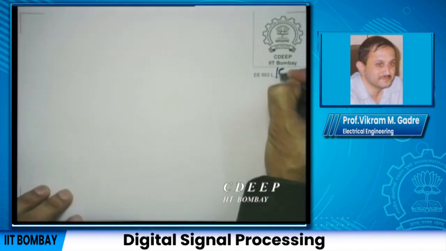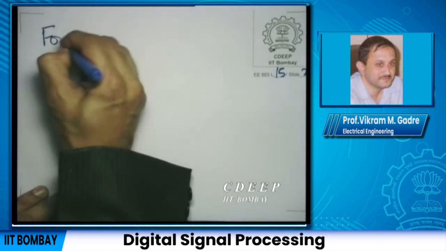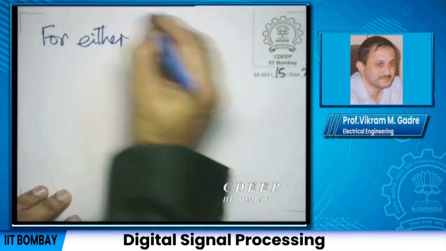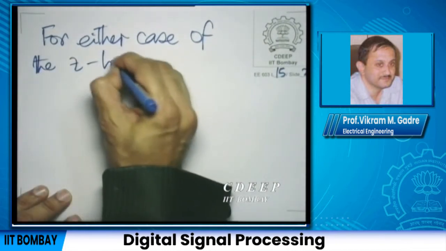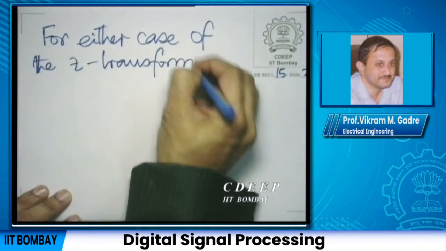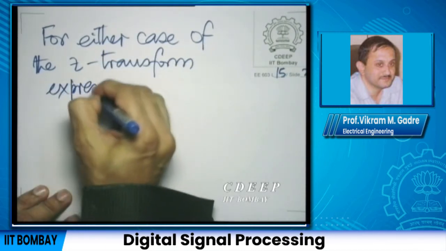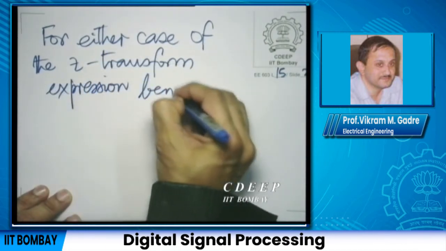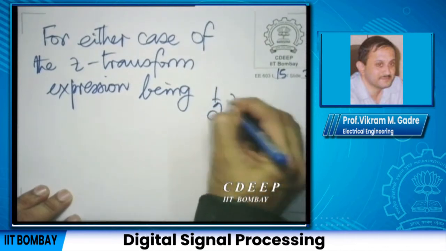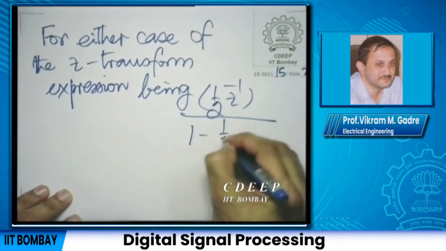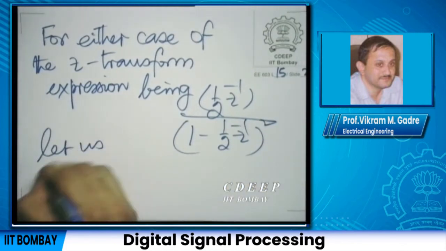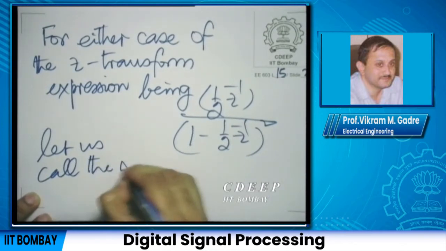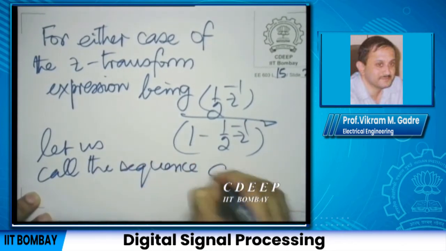So, let us say for either case of the Z transform expression, being half Z inverse divided by (1 minus half Z inverse) squared, let us call the sequence g[n].